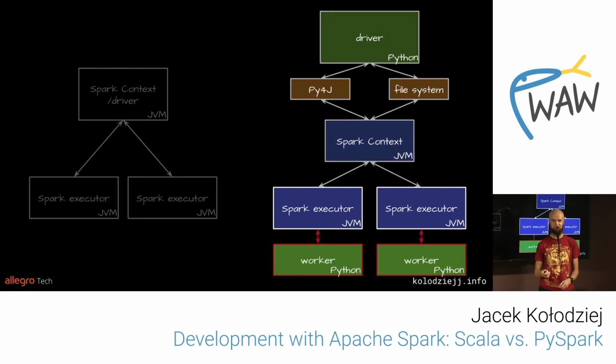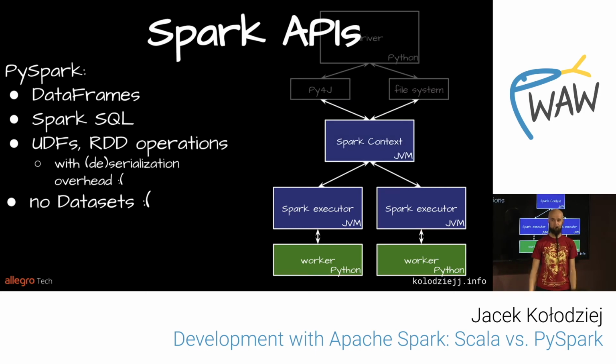So Spark executor being in JVM needs, in addition to what it already does, to translate the objects to Python form, and of course also serialize and deserialize the data and send it to the worker, wait for it to do the work, and then get it back, going through all the serializing, deserializing, and translating stuff over again. And this means overhead, of course.